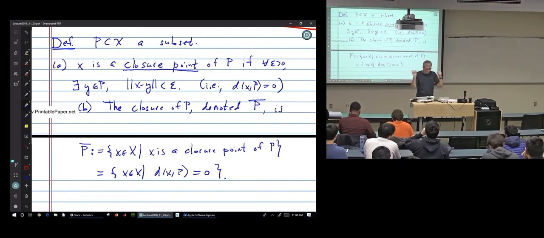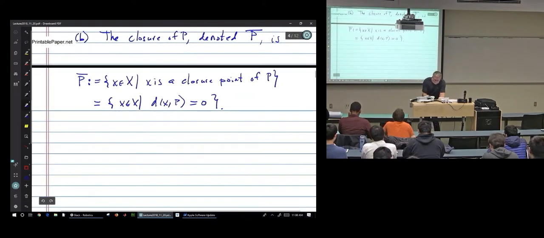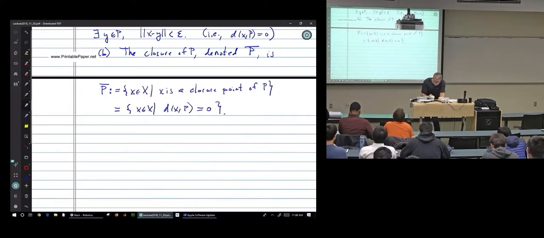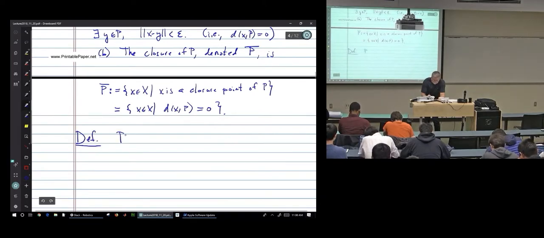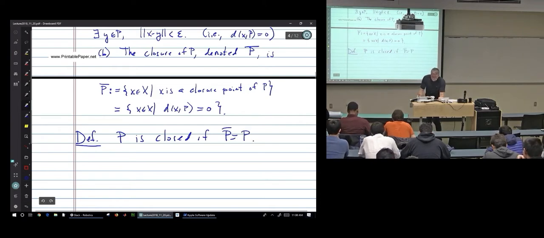I close it up. Okay, and then definition. P is closed if the closure of P is actually equal to P.